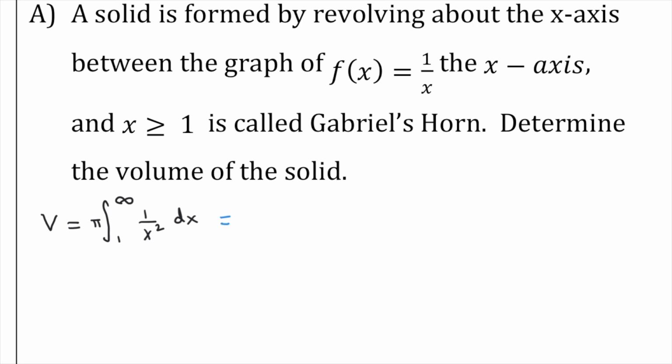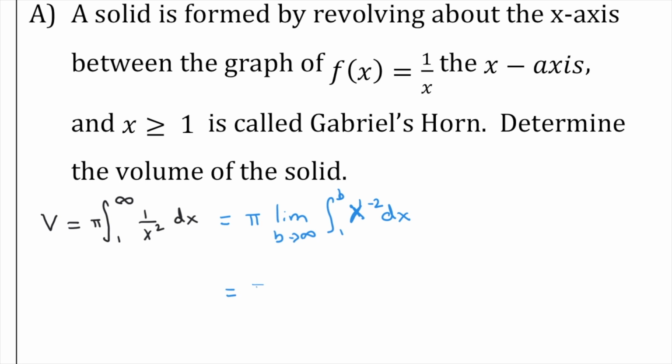When you write your problem, keep your pi, write the limit. Let's use b goes to infinity for your integral from 1 to b of 1 over x squared, or we'll write x to the negative 2 dx. After that, make certain that you integrate.